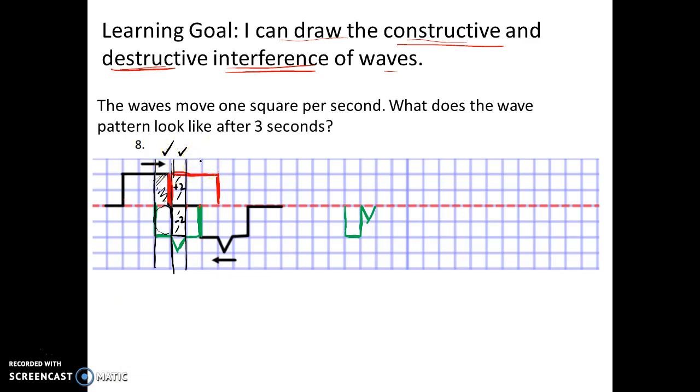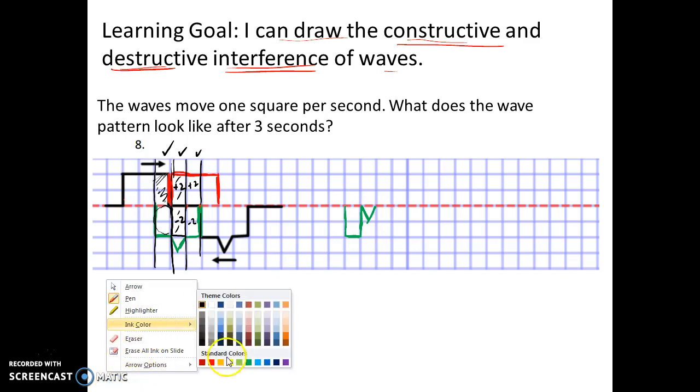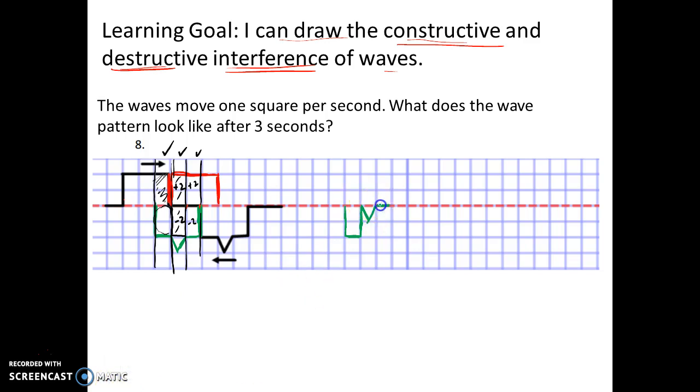Okay, let's go to my third section. Let's look at this section. Okay, 2 above, plus 2, minus 2. That would also give me 0. And my last section, remember this wave is not part of this anymore.